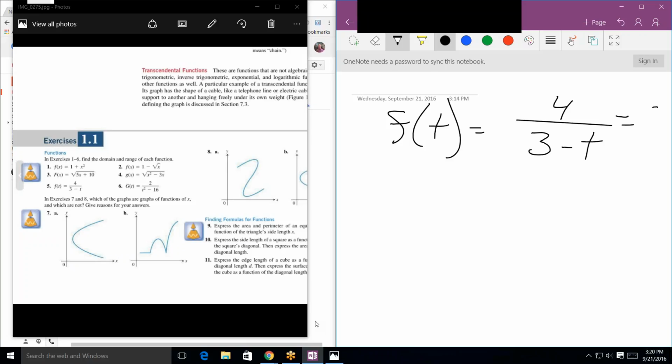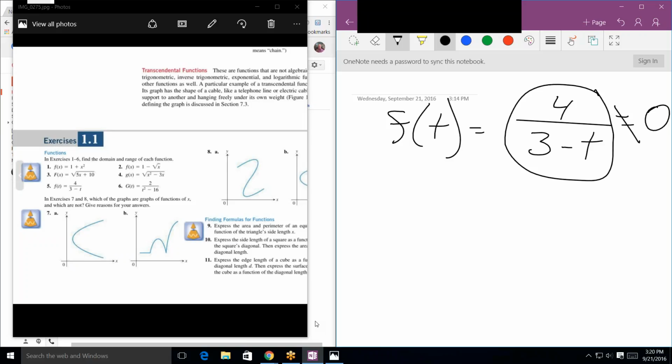If I try to set that equal to 0, how could that be equal to 0? The only way something is equal to 0, a rational function, is if its numerator is 0. There is no value of t that you can plug in here that would make this thing equal to 0. So it cannot be equal to 0.